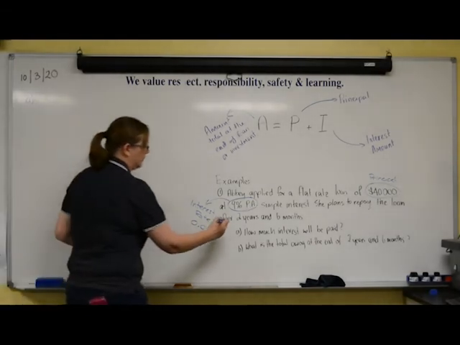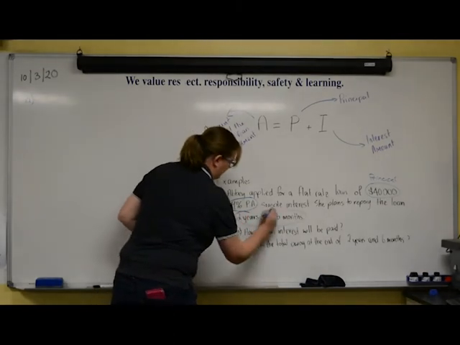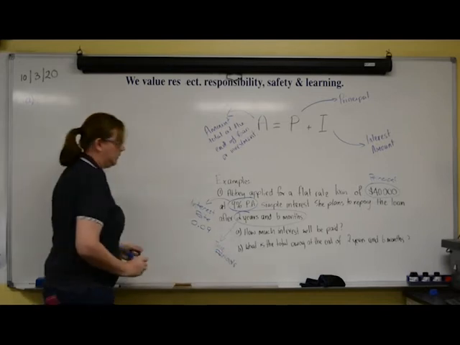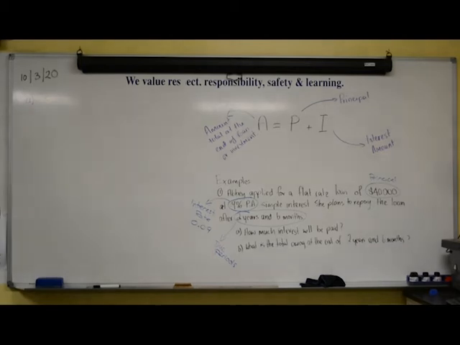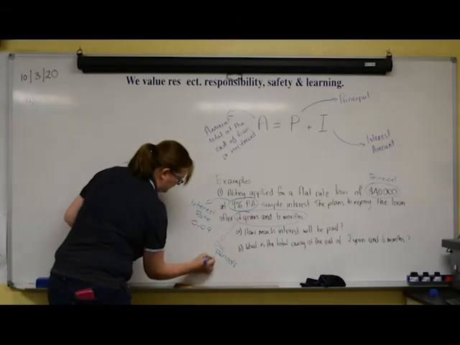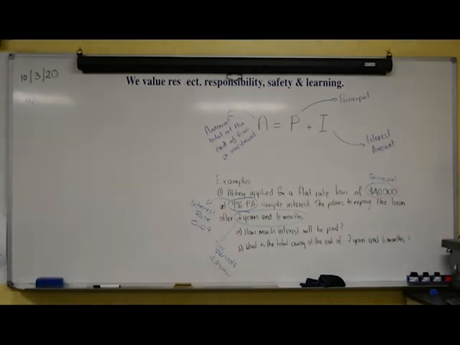So there's our number of time periods. This is going to be 2.5, because 6 months is half a year. So 2.5 years. Our first question, as a part of this problem, is how much interest will be paid.